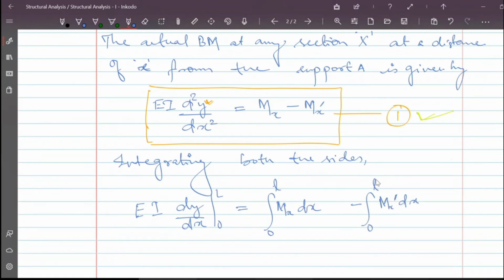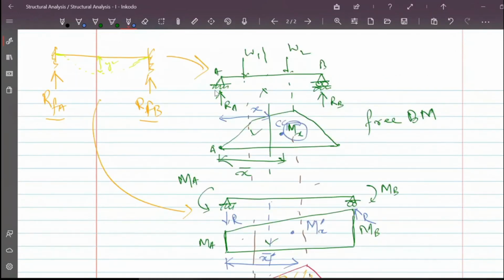Now what is this dy by dx? So dy by dx is the slope. If at x equals 0, the slope will be 0 here.